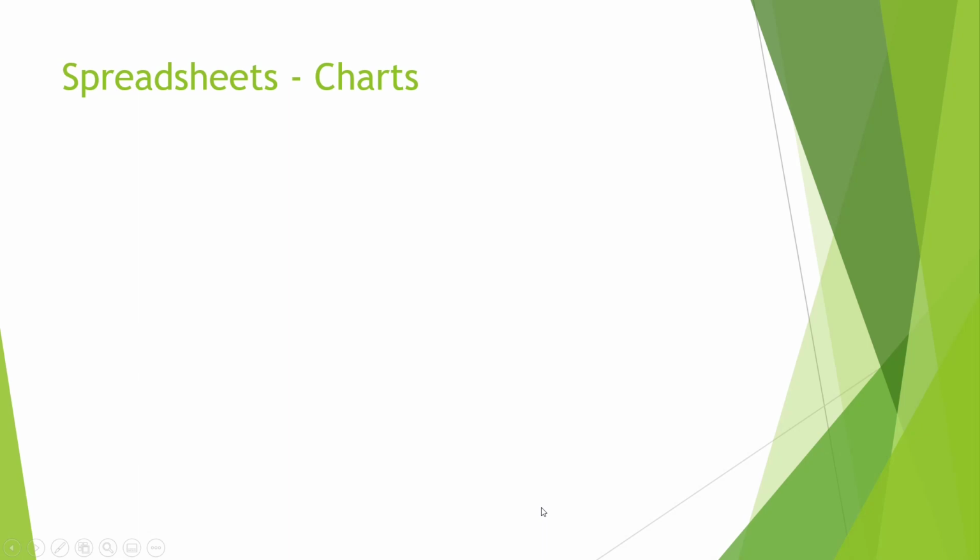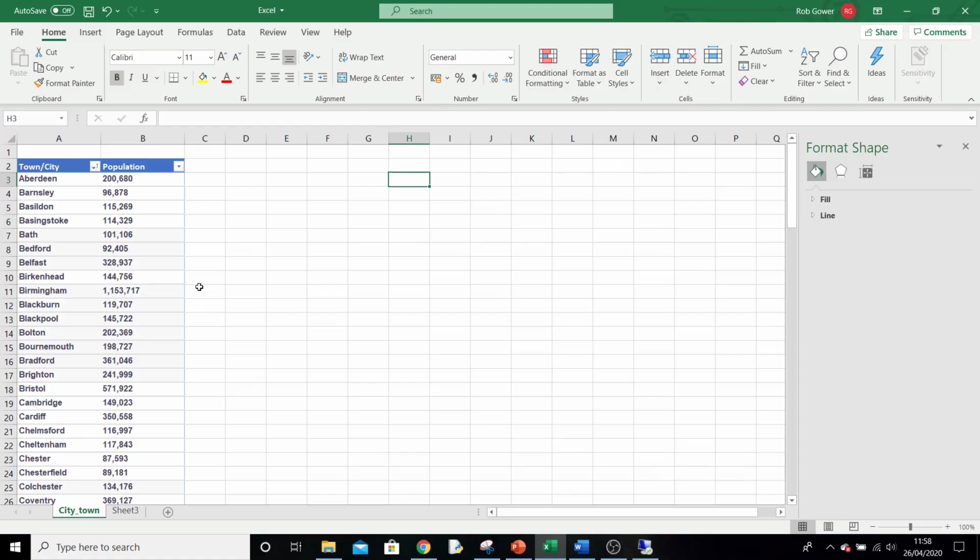Okay, so I'm going to demonstrate. The best way to understand the difference between spreadsheets and databases is to demonstrate to you the differences. Let's take some basic data in Excel. We've got British cities and their populations. So let's say I wanted to make a bar chart of the 10 most populated cities in the UK. First thing I could do is sort the data. I've got it in a table here.